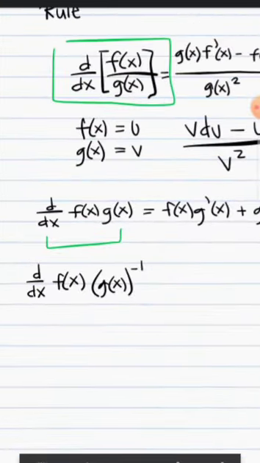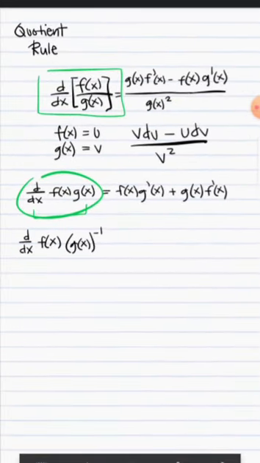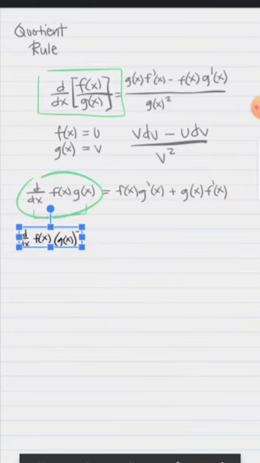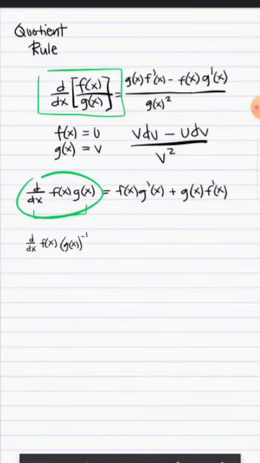Now, we have followed this format, right? Because if we have 1 over x, that's equal to x to the negative 1. So that's just what we did here. After that, we apply that to the product rule.